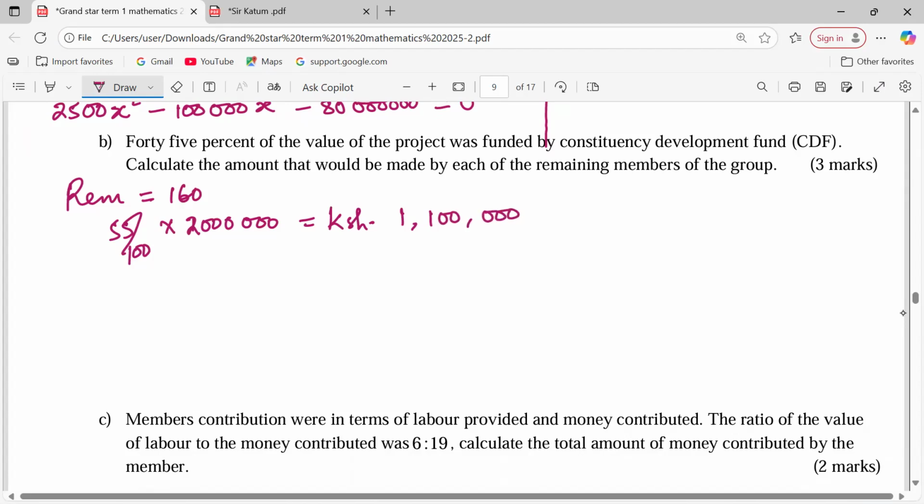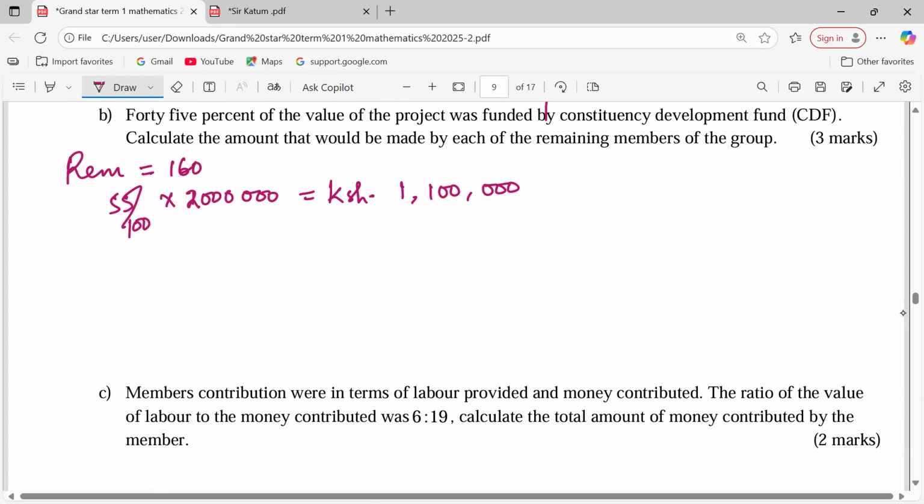This is what will be contributed by the 160 members who remained. Therefore, each member shall give, and we take the total amount to be contributed, and we divide by the number of people who will contribute. Then we shall get the amount from each individual. This is going to be 68.75.